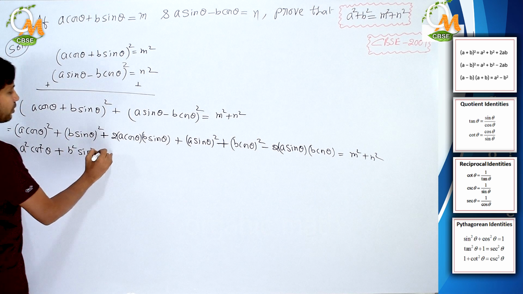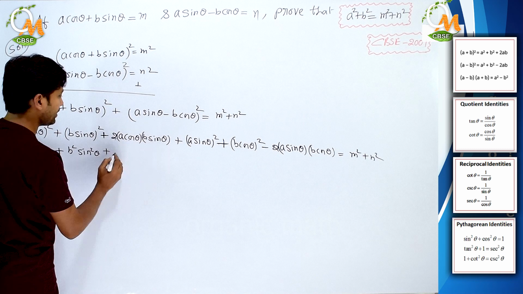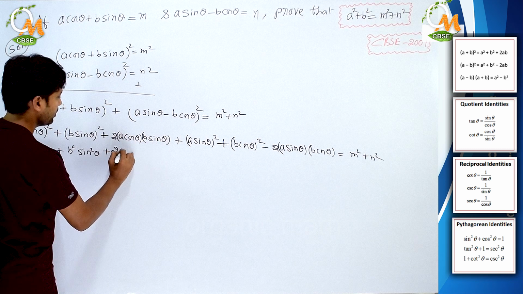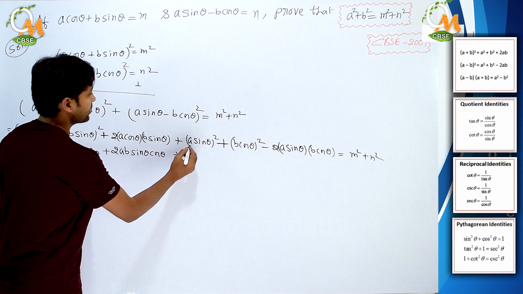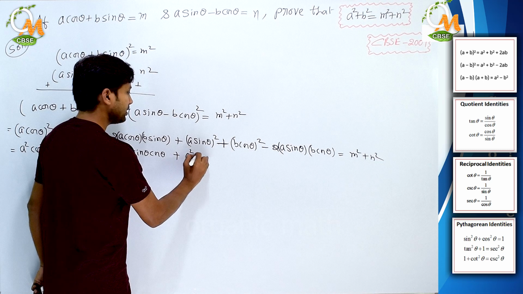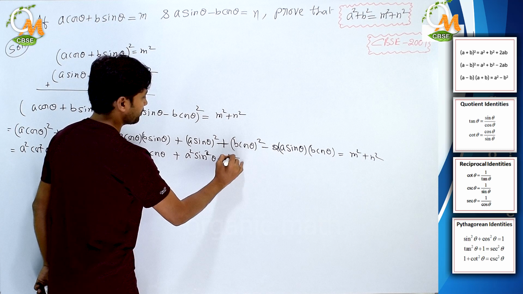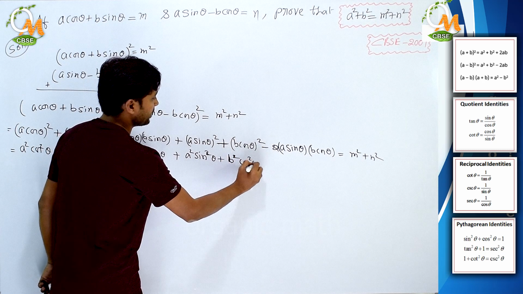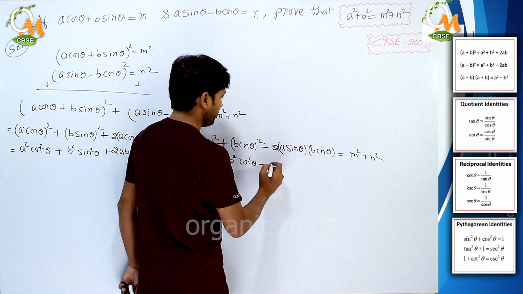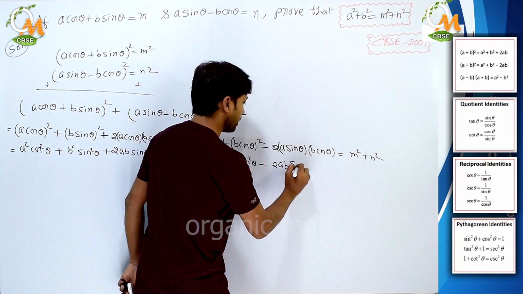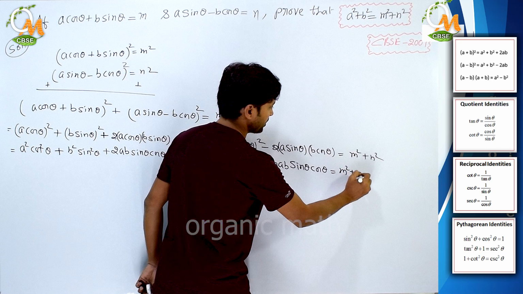Now write down 2ab sin theta cos theta, plus this is again a square sin square theta, plus b square cos square theta, minus 2ab sin theta cos theta equal to m square plus n square.